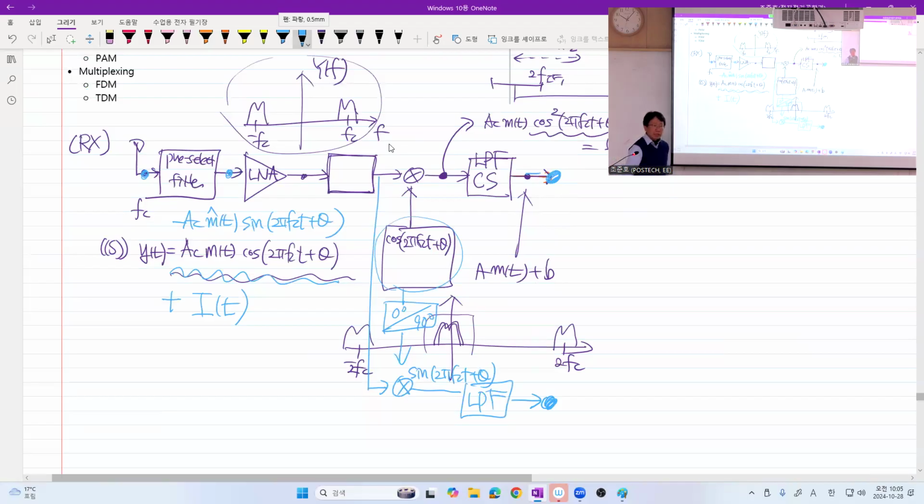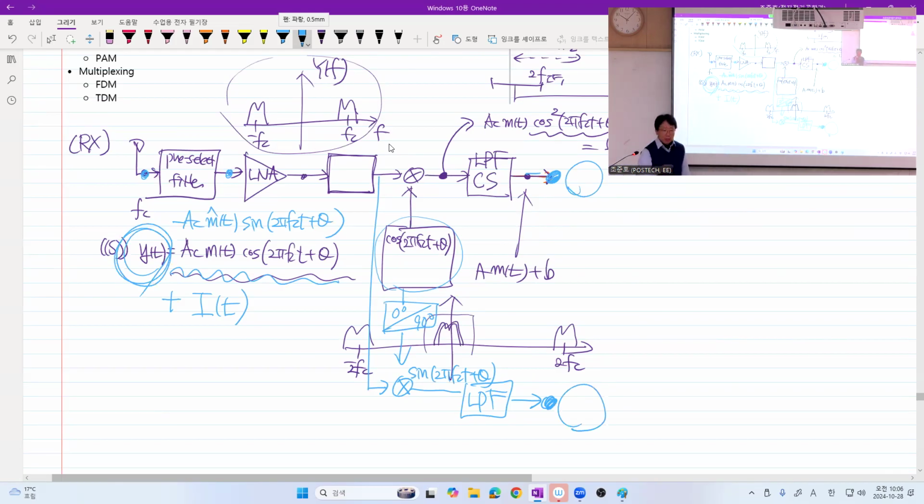Some of you are taking the communications and networks lab, and probably you will use the in-phase branch and the quadrature branch in your receiver. So even though you have received a single real-valued bandpass signal, you have two real-valued baseband signals here and there.